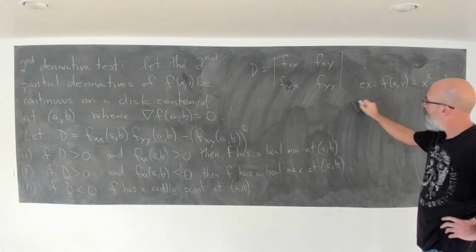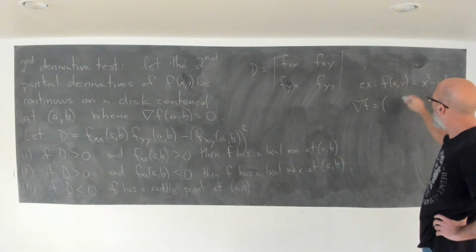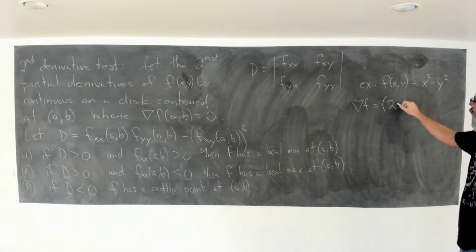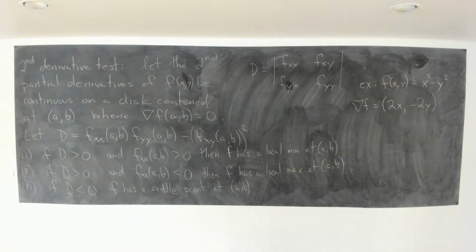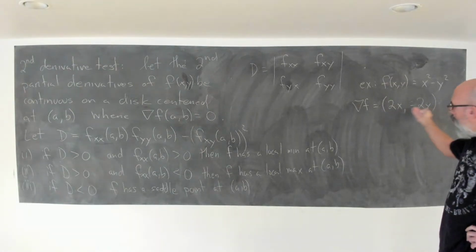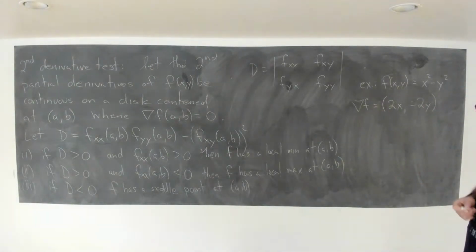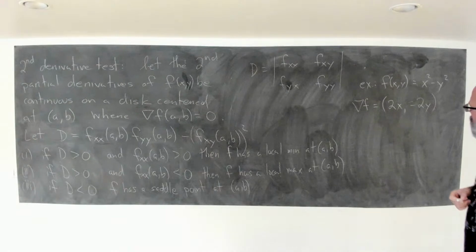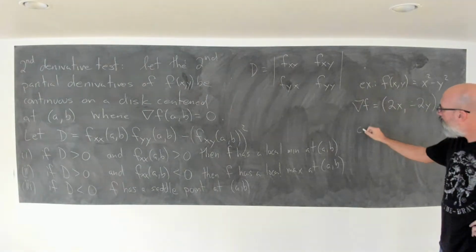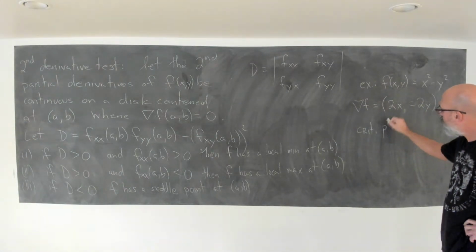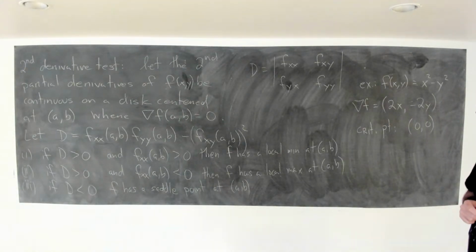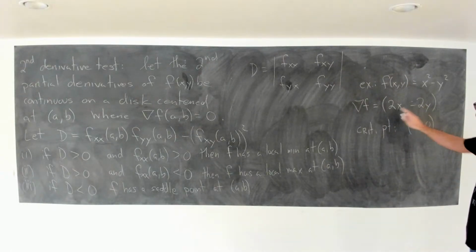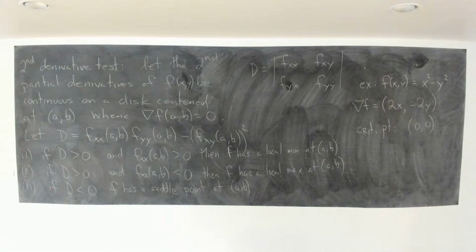First, let's find the gradient of f, which you know to be (2x, minus 2y). And so this gradient exists everywhere. The only critical point is the origin. This is the only place where this is equal to 0.